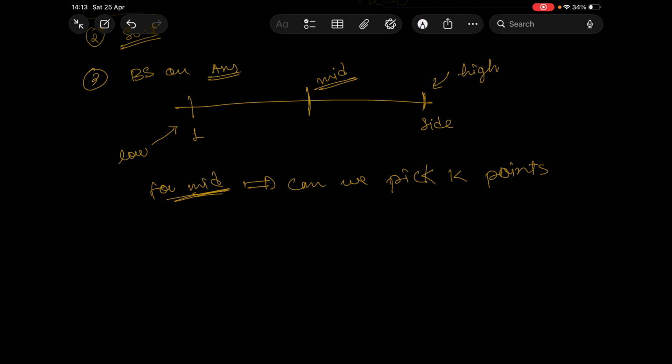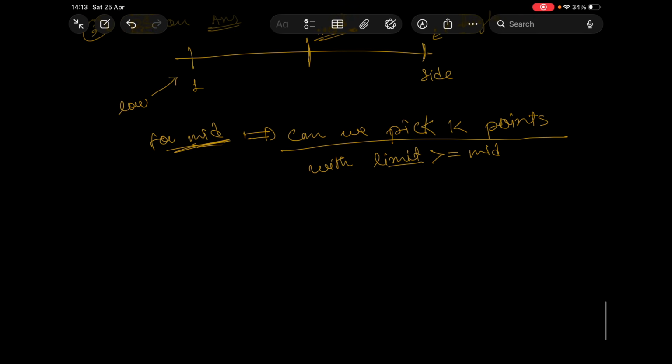Is it possible to pick k points for this mid? Basically saying, can we pick k points with limit equal to mid, which says that the minimum distance is greater than or equal to the limit.